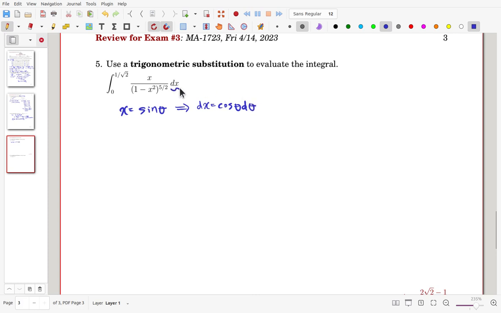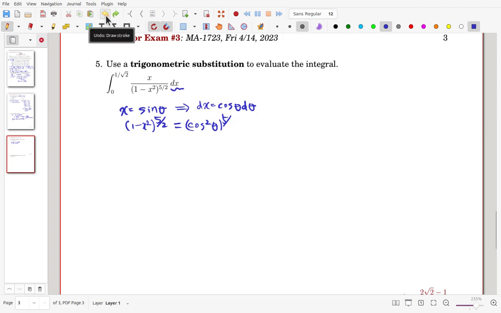So this can be replaced with sine theta, and for the bottom, 1 minus x squared to the power 5 over 2 is the same as 1 minus sine squared theta, which is cosine squared theta, to the power 5 over 2.